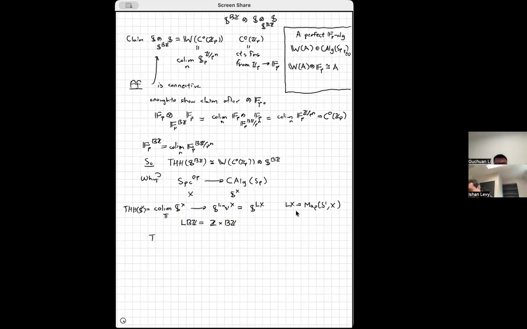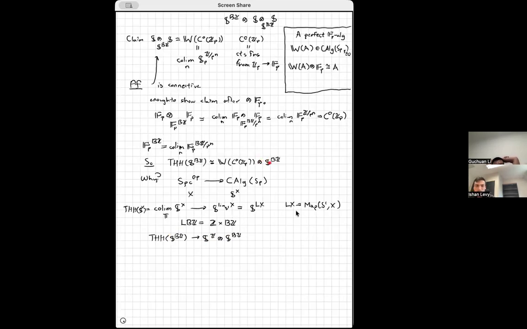And so what you get is a comparison map from THH of S to the BZ to sphere to the Z tensor, so functions from Z to the sphere tensored with sphere to the BZ. And so maybe your guess is actually quite similar to what the correct answer is.